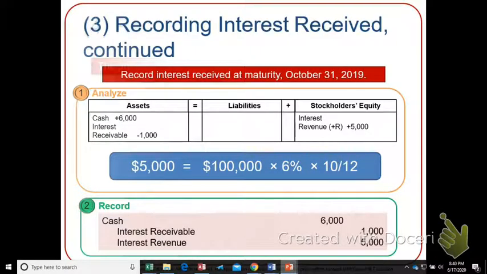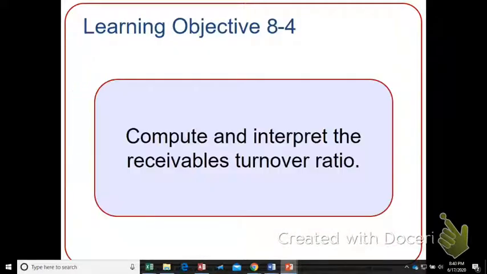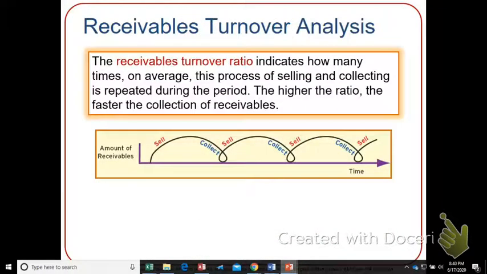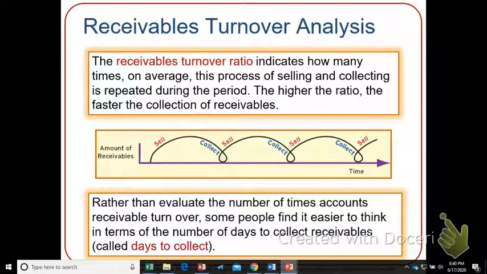And then the last thing in the chapter is computing receivable turnover ratio, which is the same thing as inventory turnover ratio, which we just learned in 7. Except now we're looking at how quickly we collect our accounts receivable. So this is sales divided by average net accounts receivable.